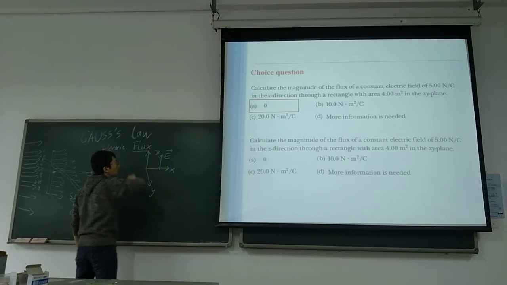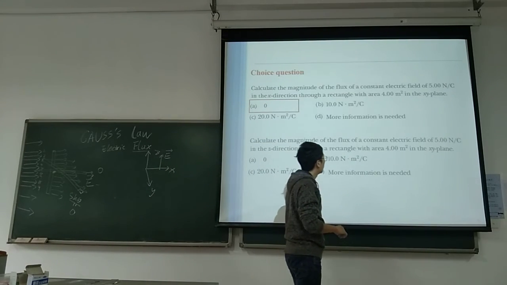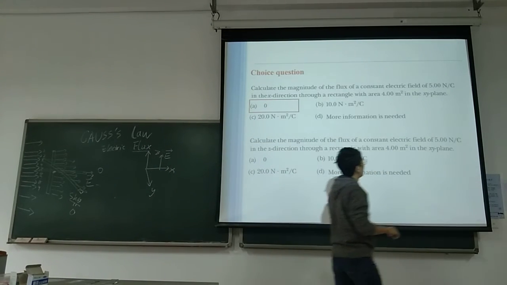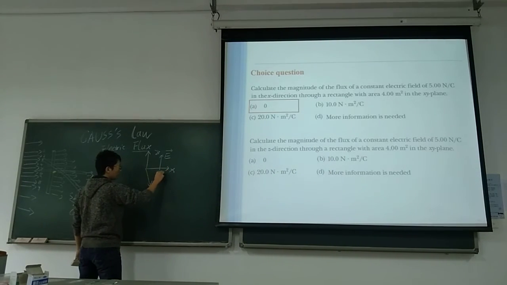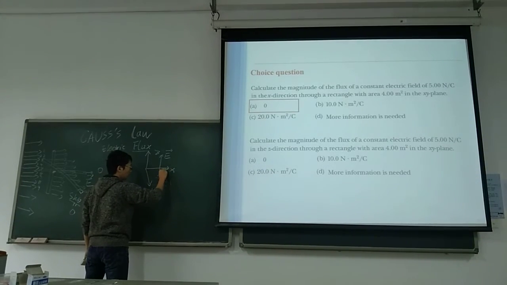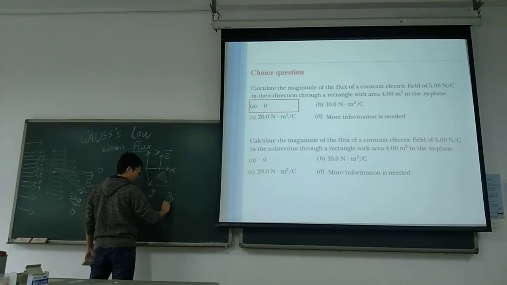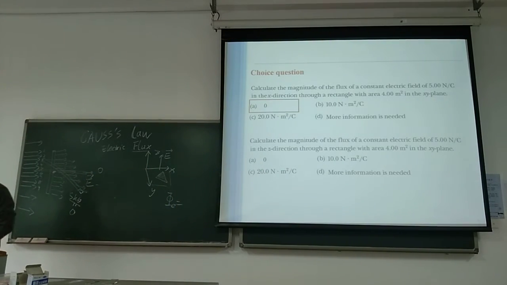Then draw a rectangle with an area of 4 meters square in the XY plane, XY plane again. It is drawn, and someone can give me an answer.